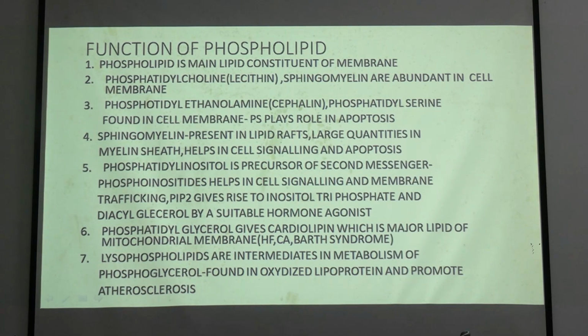Phosphatidylinositol is a precursor of second messenger. This is also present in cell membrane. It helps in cell signaling and membrane trafficking, and phosphatidylinositol 4,5-bisphosphate, that is PIP2, gives rise to two products, that is DAG, diacylglycerol, and inositol triphosphate, IP3.